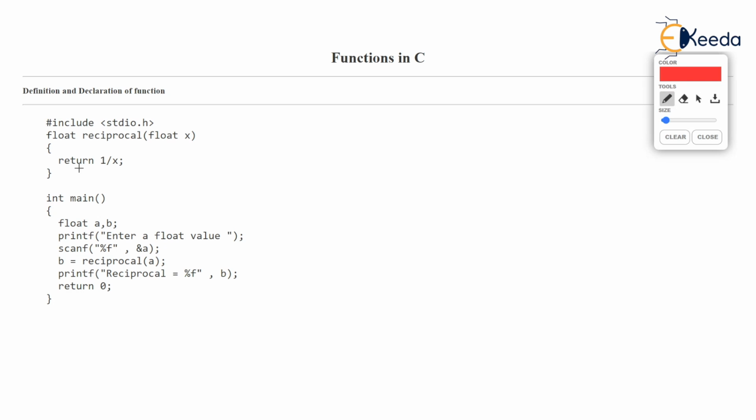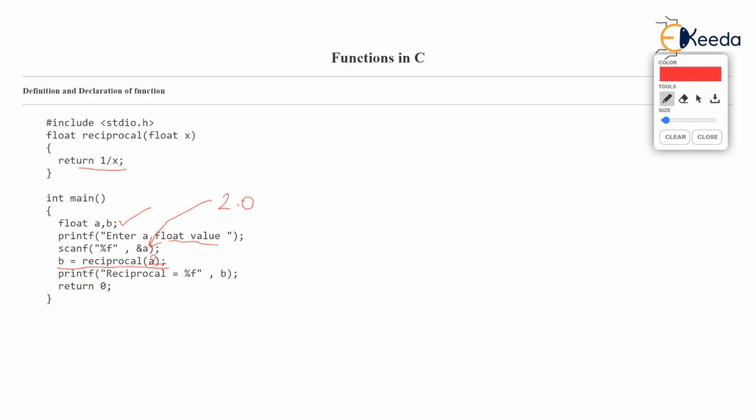Now let's see main. Main has two variables a and b, both of type float, and we ask the user to enter a float from the keyboard. Suppose the user enters the value of a as 2.0. Then you all know from the earlier videos that this is the function call. We are calling reciprocal and passing the value of a, which is 2.0.